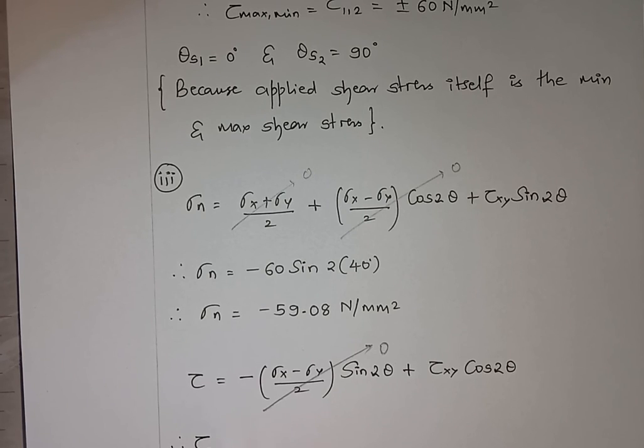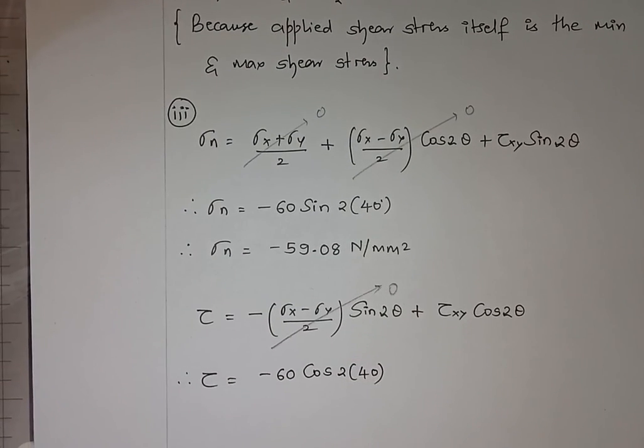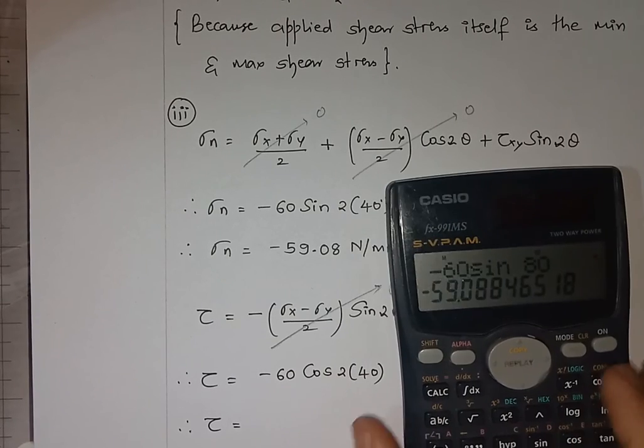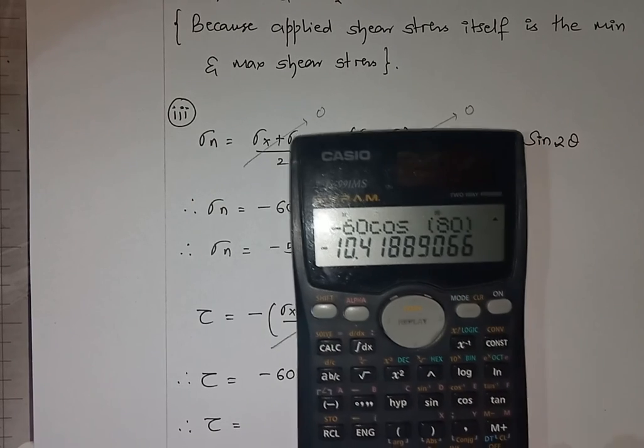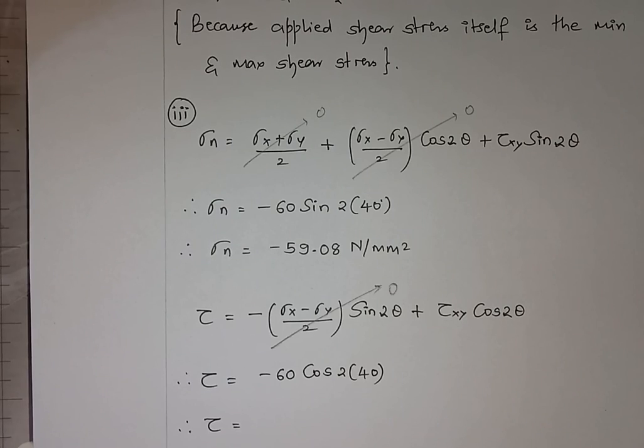So therefore tau on the oblique plane is given by value of tau xy is minus 60 into cos of 2 into 40. So let me check out what will be this value. Tau is equal to minus 60 into cos of 80. So it is minus 10.418 Newton per mm square, right?